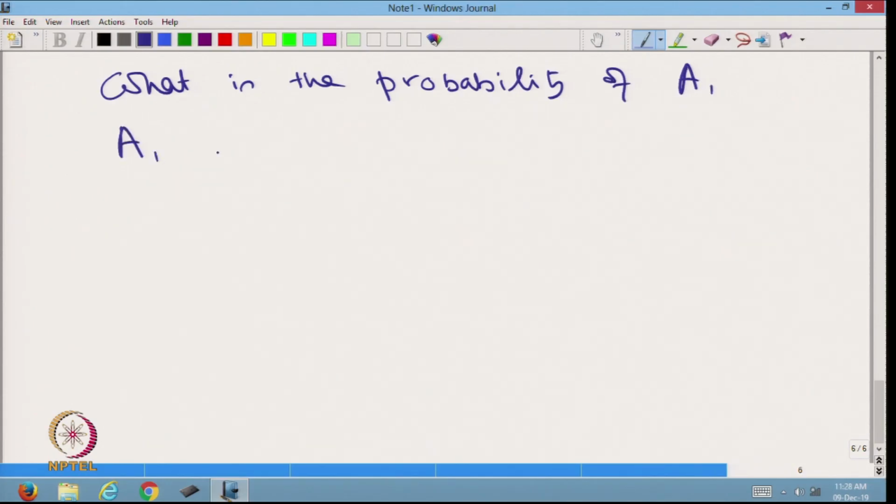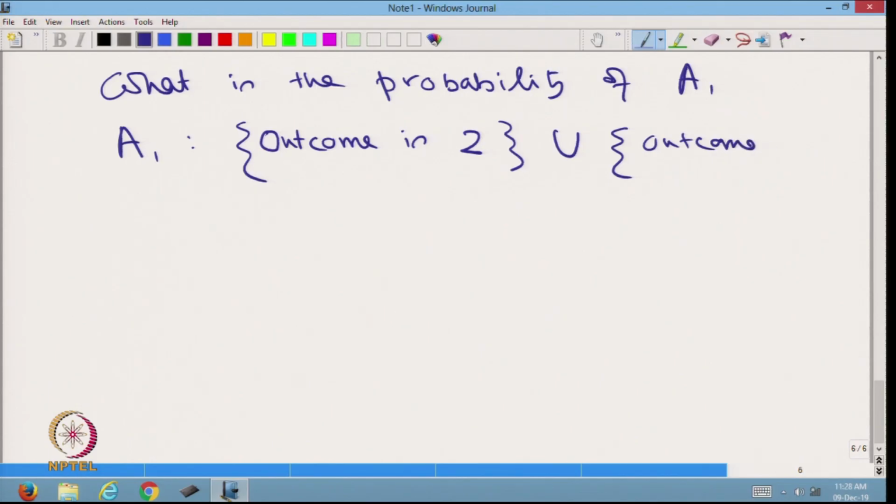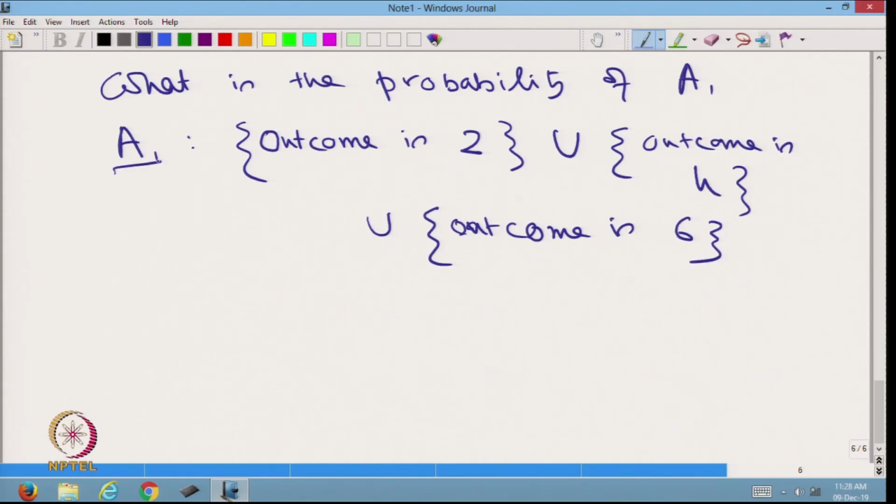So, A1 is equal to the union of 3 elementary events, outcome is 2, union outcome is 4, union outcome is 6. Therefore, to obtain the probability of the event A1, we may look at the probability of the 3 elementary events, that is 2, 4 and 6.